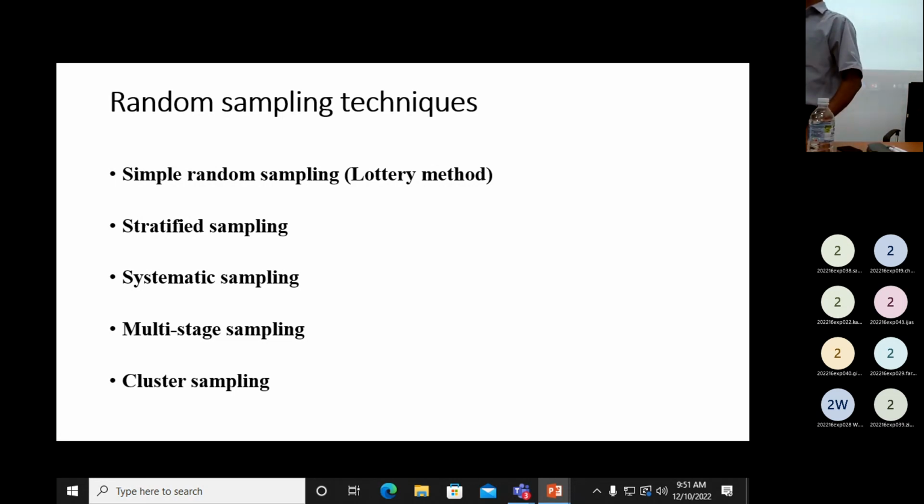Therefore, cost can be minimized. Second advantage, as we select our sample from the final stage, cost can be minimized.